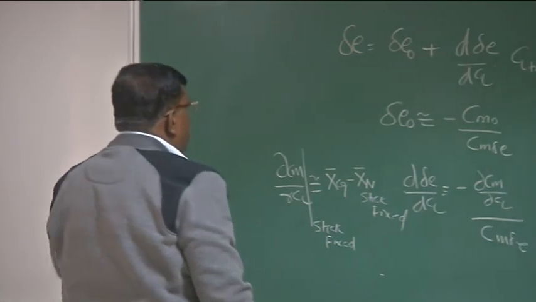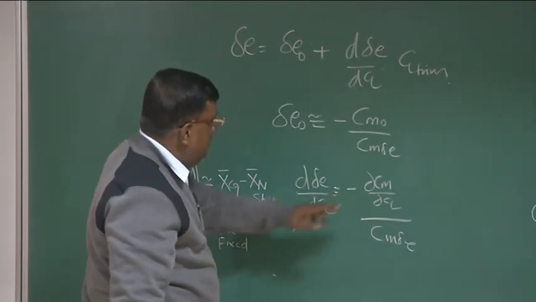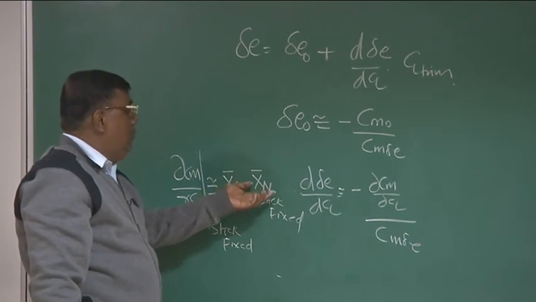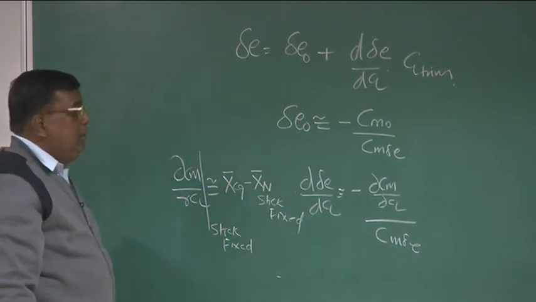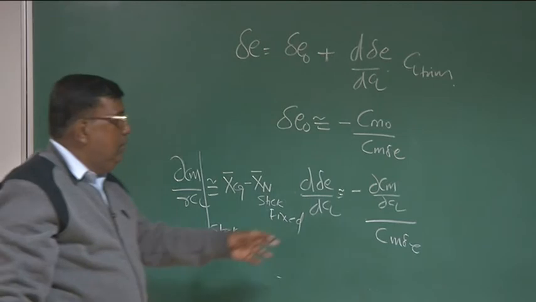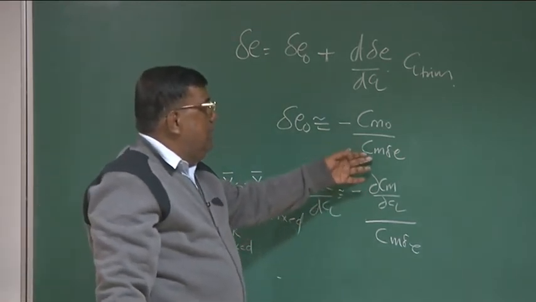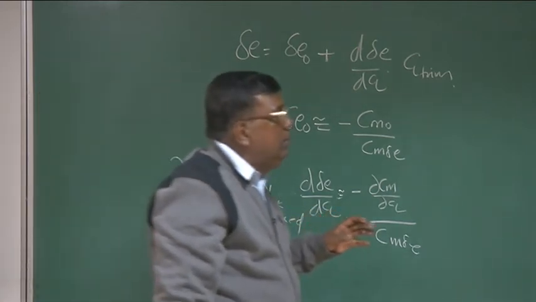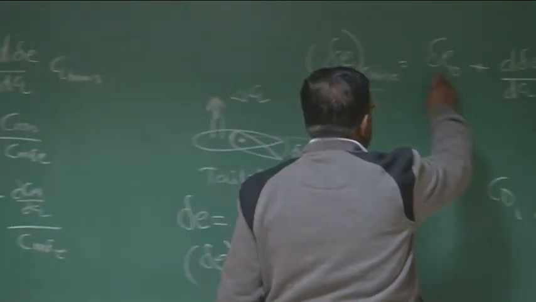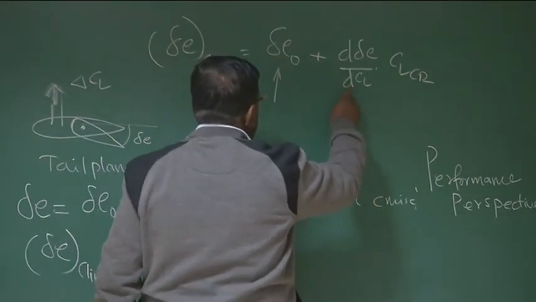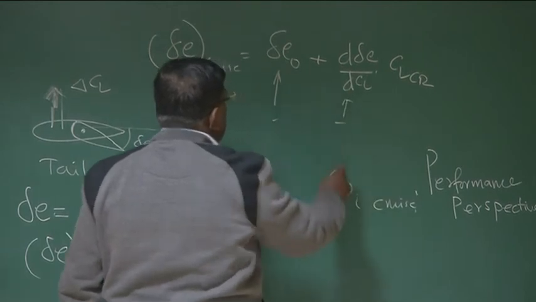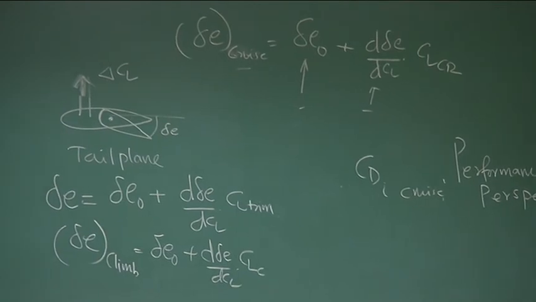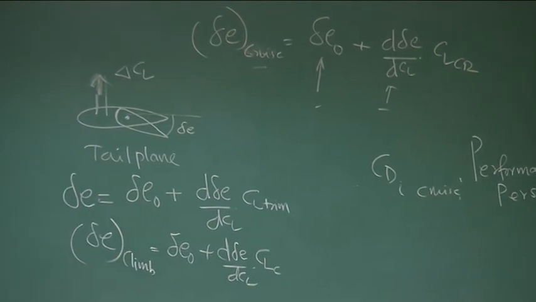So dCm by dCL is known. For a given configuration, xCG will be known and the neutral point also will be known. So this is known. Cm delta E and Cm naught are also known. So I actually know these numbers. And we have to just plug in the CL cruise, or CL, whatever trim you are using.